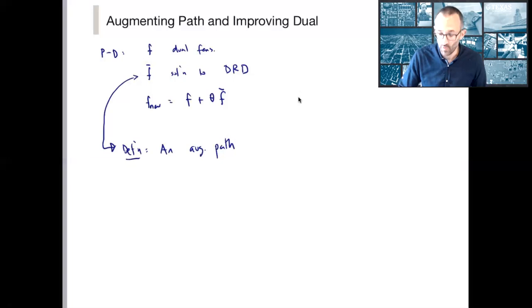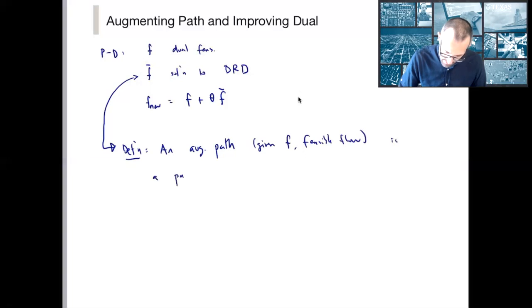given a feasible flow f, is a path from S to T in the undirected graph.